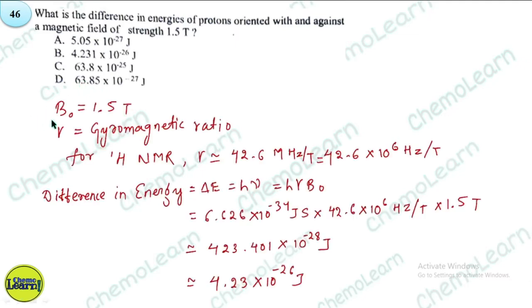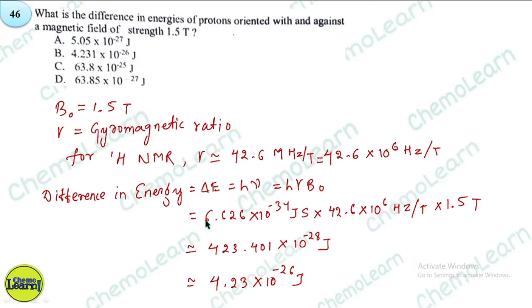So here a magnetic field is given, 1.5 Tesla. You know gamma is the gyromagnetic ratio, and for 1H NMR gamma has value 42.6 megahertz per tesla. The difference in energy delta E equals h nu, which is equal to h into gamma into B naught. We have all these values of h, gamma and B naught.